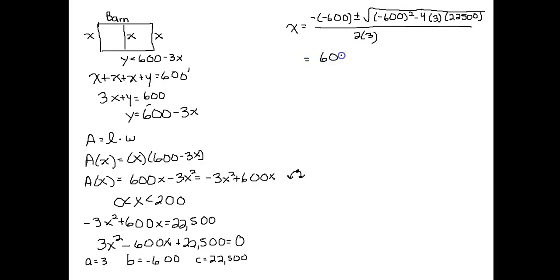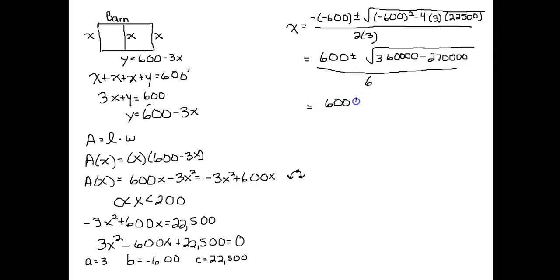So we have 600 plus or minus square root 360,000 minus 4 times 3 times 22,500, which is 270,000, all over 6. So we've got 600 plus or minus square root of 90,000, all over 6. So 600 plus or minus 300, all over 6. You work those out, you get 2 values. You get 150 and 50.